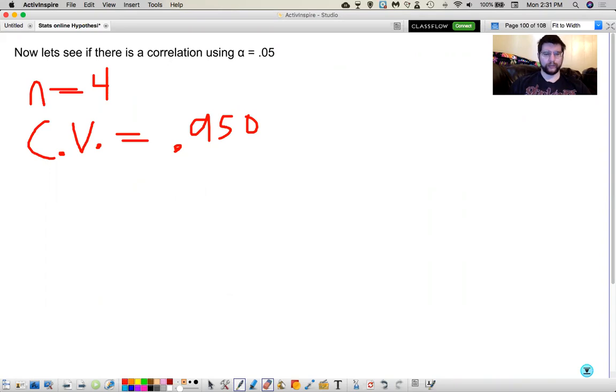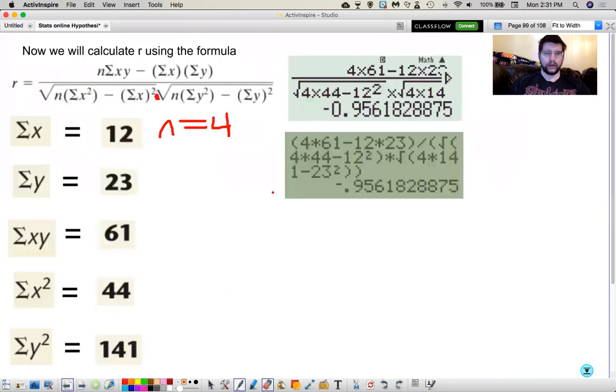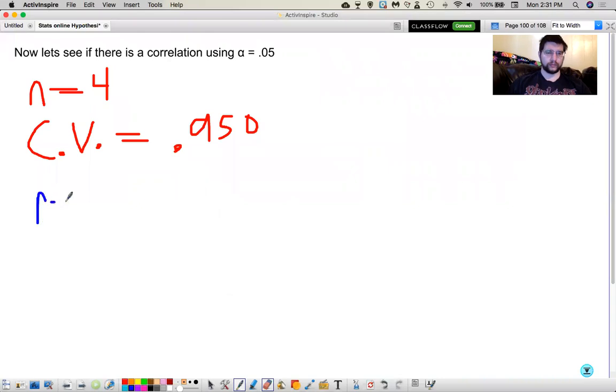Let's see what we got. R was negative 0.956. We only have 3 decimal places. We're going to round to 3 decimal places. So yes, it is significant. Why, even though this is negative?